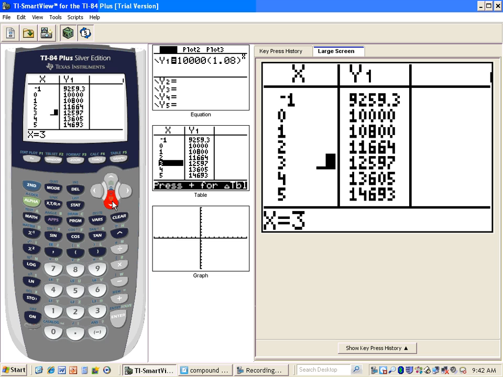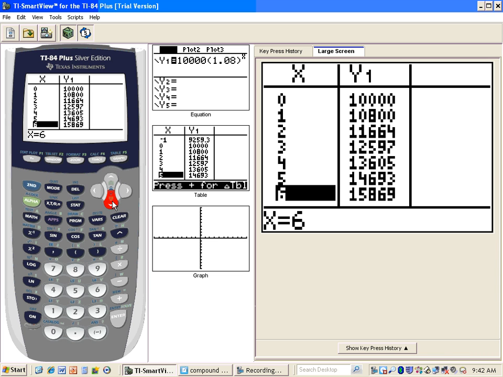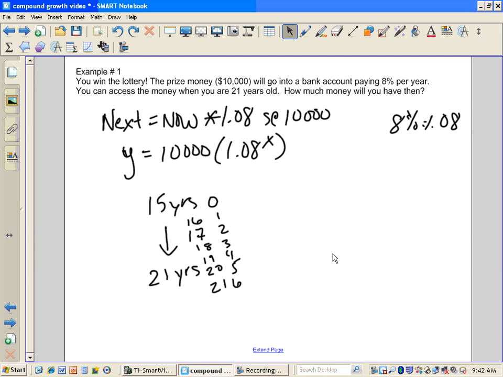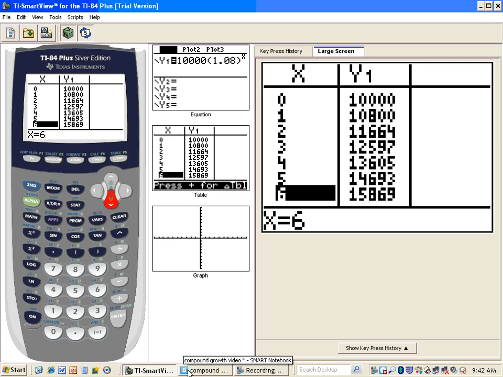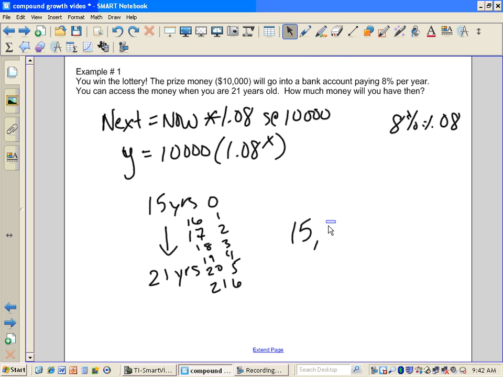So 6 years later, if I'm 15 now, 6 years later is when I'm 21, and it looks like I have $15,869.